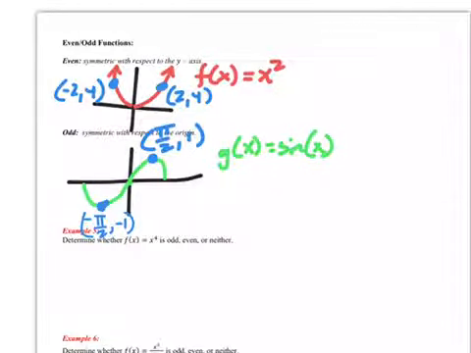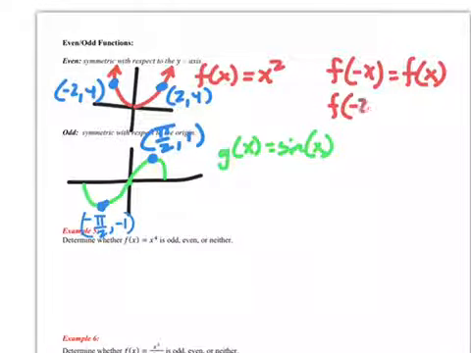What that means is you'll see f of 2 is also equal, the output is equal to f of negative 2. What that means is if a function is even, then f of negative x is equal to f of x. Like we see in our drawing here, f of negative 2 has the same output value as f of 2.